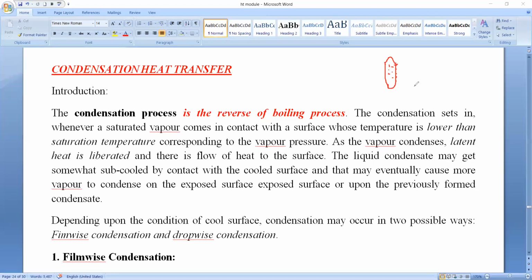So this is due to the condensation, because initially the atmosphere contains some amount of water vapor which is in the saturated state.